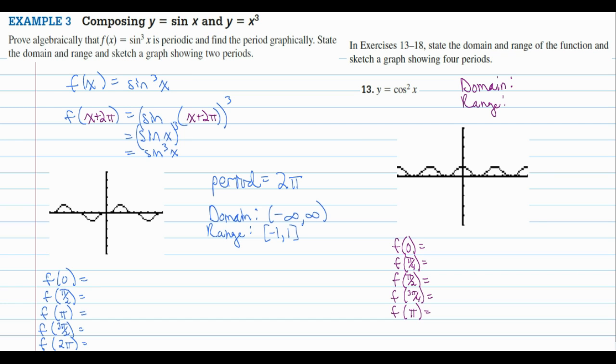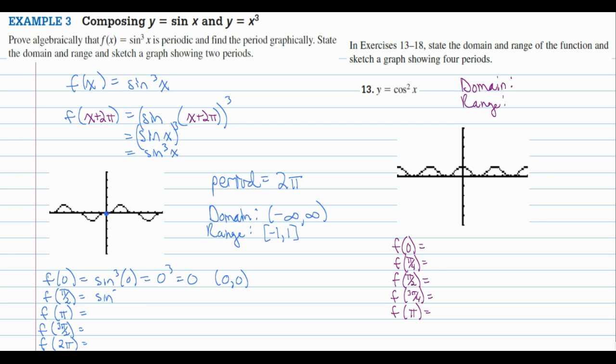Now, to plug in some x values and show exactly how this function is created, I'm going to use the quadrantal angles from 0 to 2 pi. So f of 0, the sine cubed of 0, well, sine of 0 is 0, 0 cubed is 0, so 0, 0 is a point on the curve.